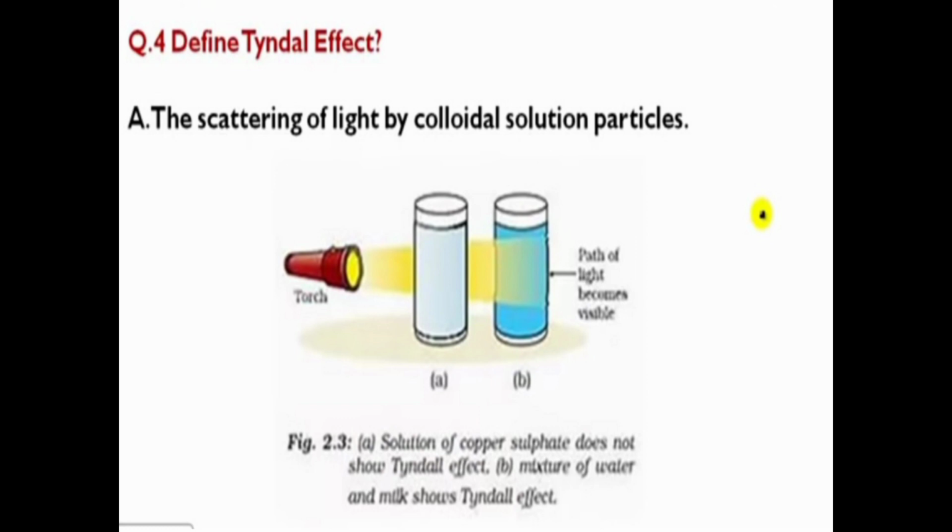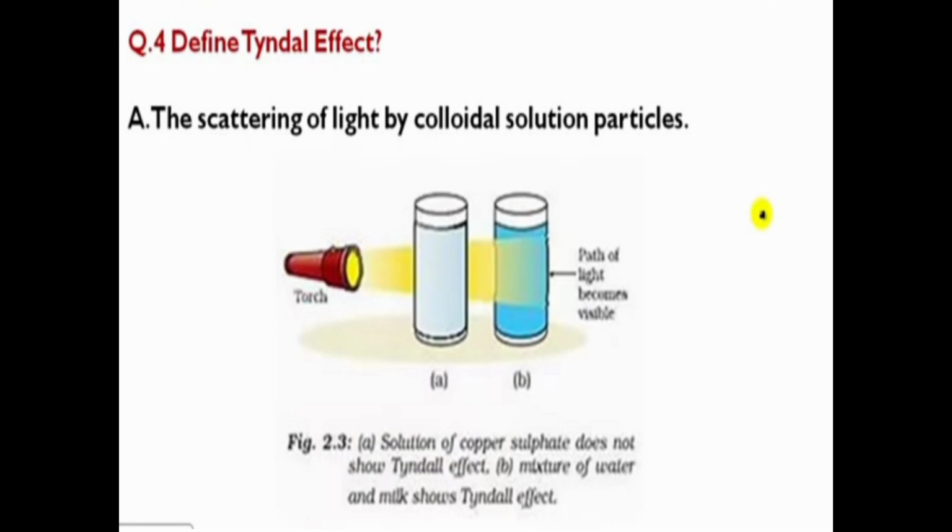The Tyndall effect can also be observed when sunlight passes through the canopy of a dense forest, a huge forest covered with trees. A beautiful Tyndall effect, the scattering of light, is seen. Here tiny droplets in the mist scatter light.